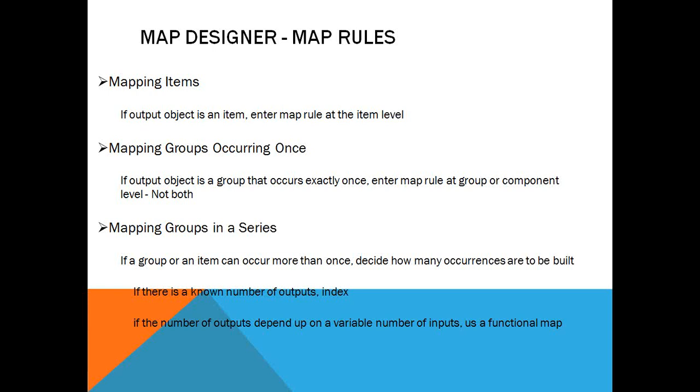So one use of the functional map is if both input group and output group are different, you have to write the functional map even though it's a single occurrence. Suppose your item or group occurs multiple times and you don't know how many times, in that case also you have to write the functional map.